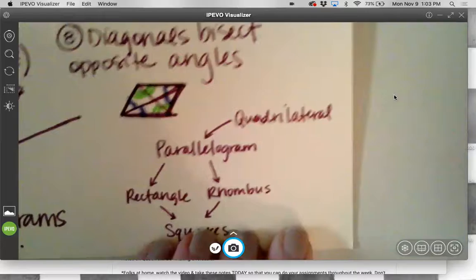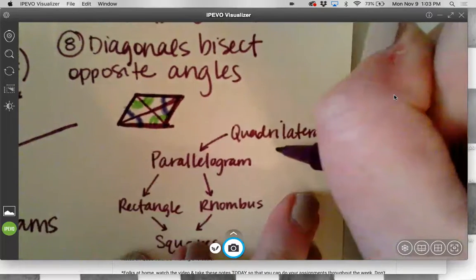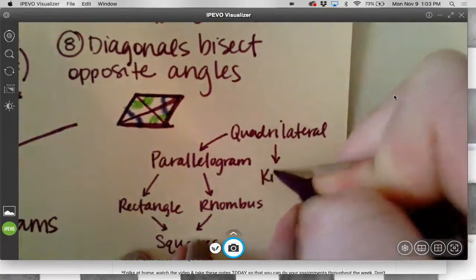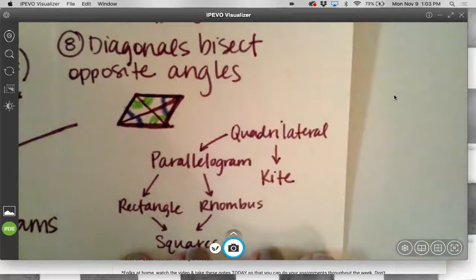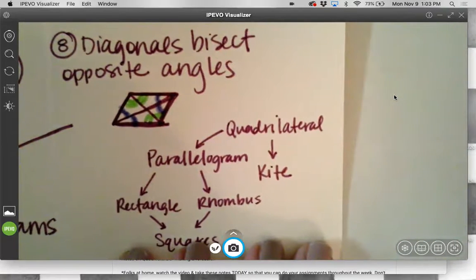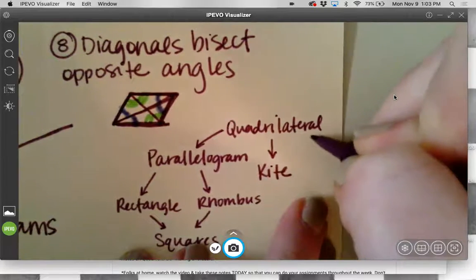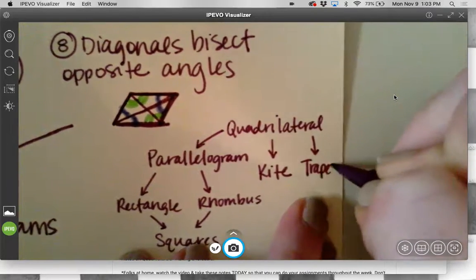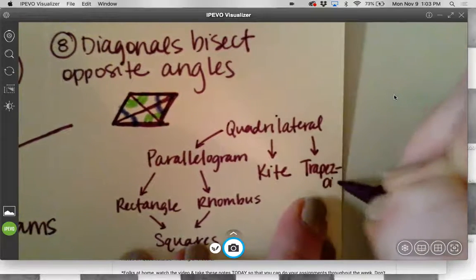There are 2 more kinds that we're going to talk about that are on the back. First one is a kite. And there are no subgroups of kite. Just a kite is a kite is a kite. And in addition to kite, you have a trapezoid. Ran out of room.